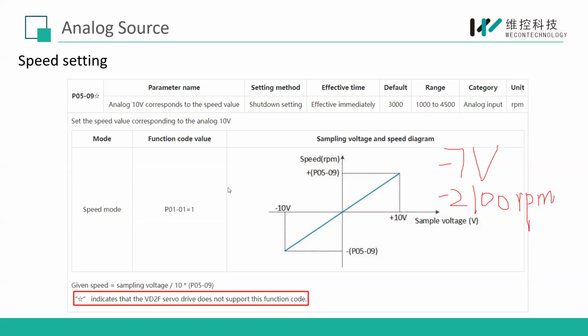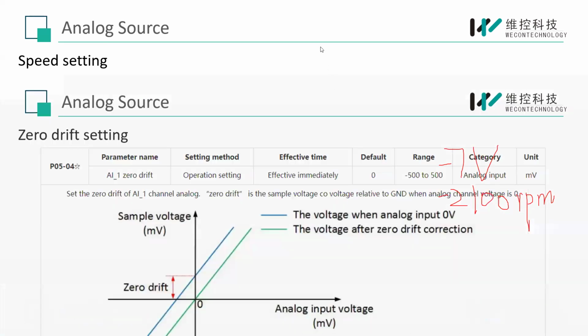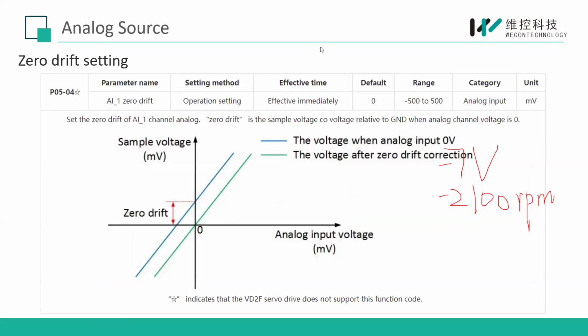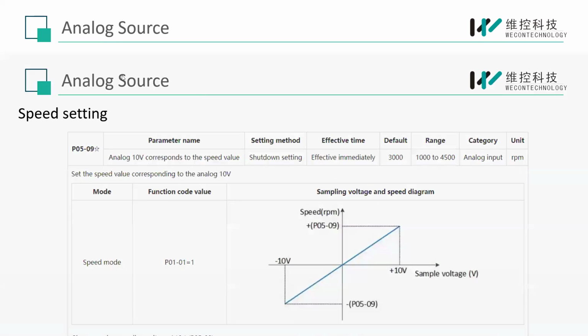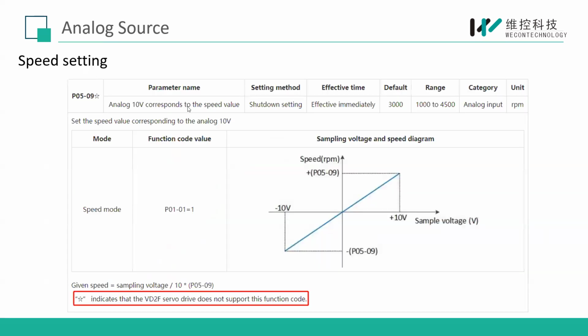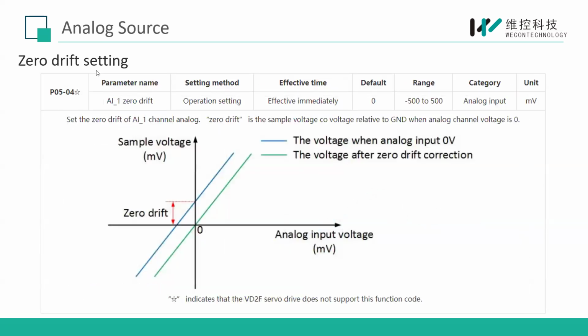Okay, let's continue. After setting the relationship between speed and analog signal, now we need to adjust our analog signal to a normal one.